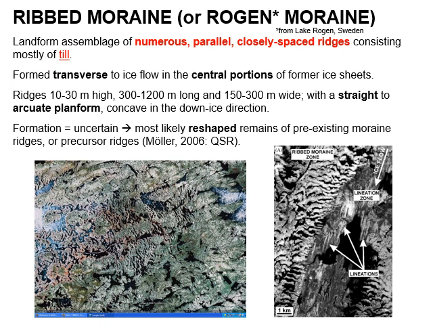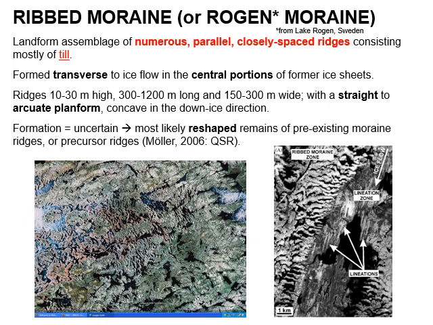So ribbed moraines are assemblages of parallel, very closely spaced ridges that are usually very sharp crested, so the peak is quite sharp, and they're mostly composed of till, but some bedrock blocks and other sediments may be in there too. They're in particular clusters that are really close to the former ice divides of glaciers.